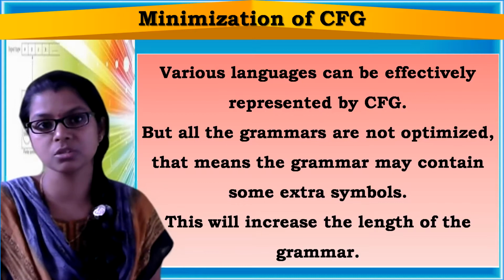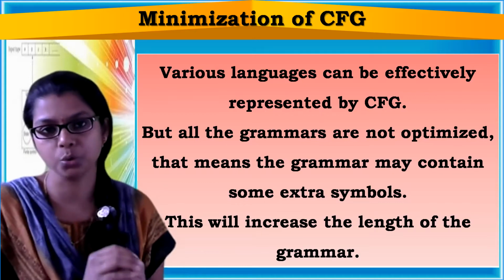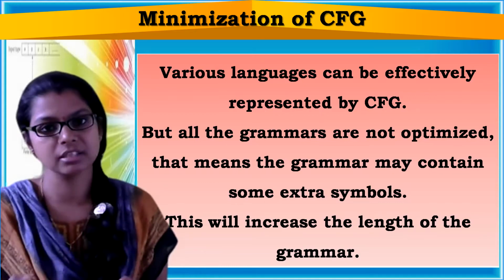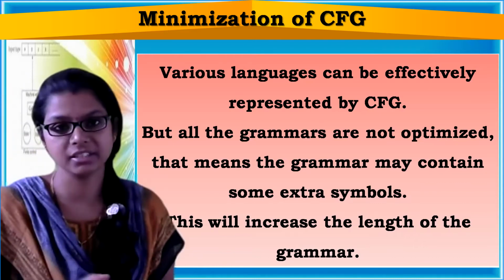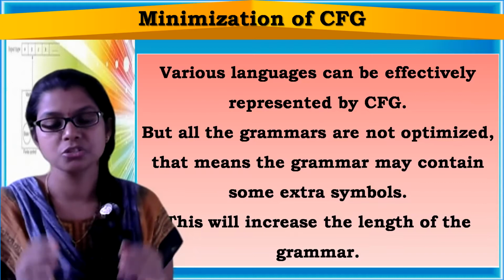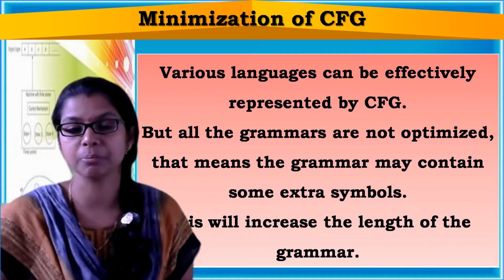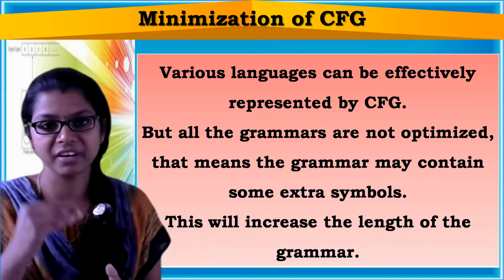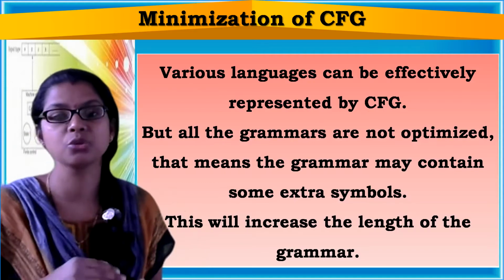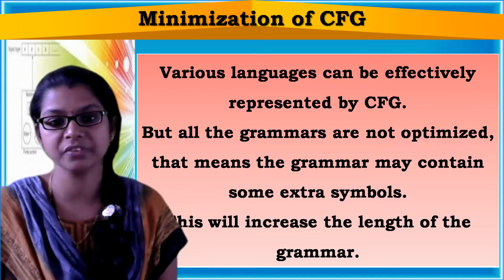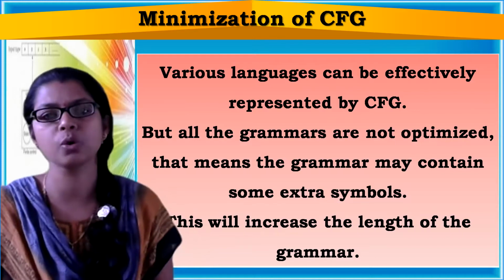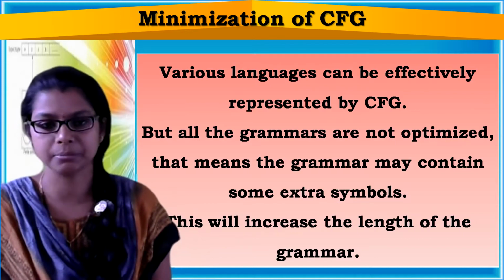Those production rules should be simplified, minimized, eliminated. So minimization of CFG is the process of simplifying or eliminating those extra symbols from the context-free grammar so that we can get a minimized equivalent context-free grammar.